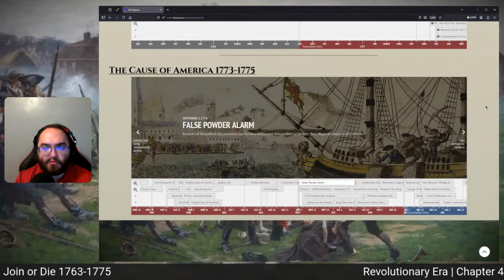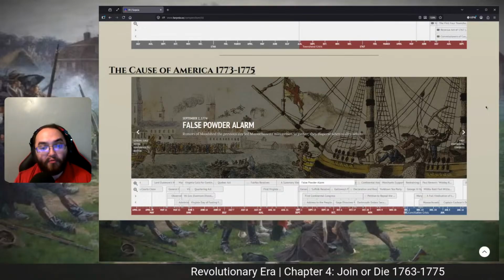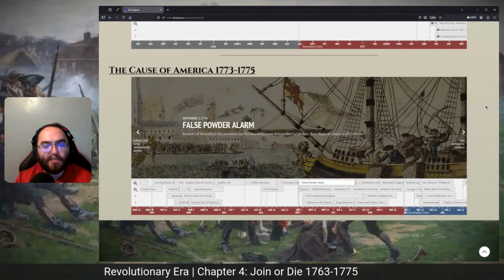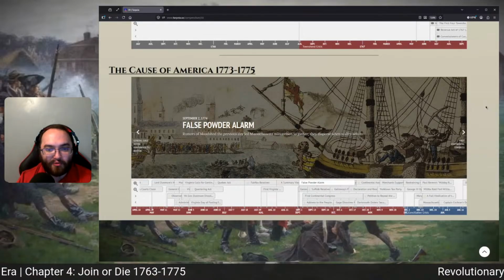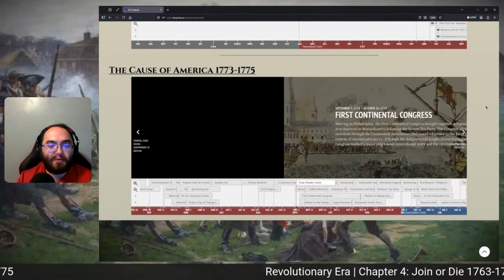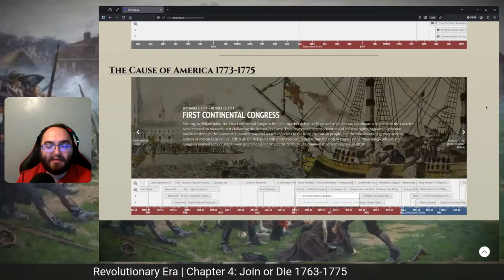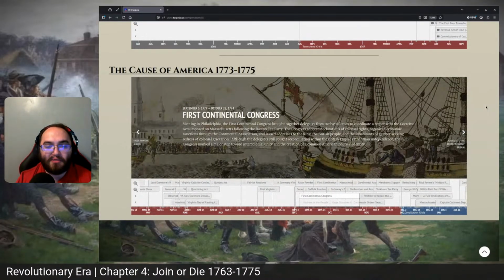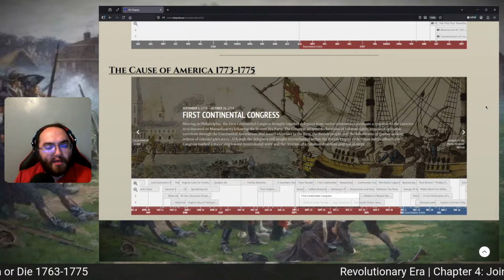They decide to take the powder of the militia of Massachusetts and hide it all over towns, all over Massachusetts. And so this false powder alarm will lead to that, and then that will eventually lead, pretty quickly, to the battles of Lexington and Concord, which I'm about to talk about.